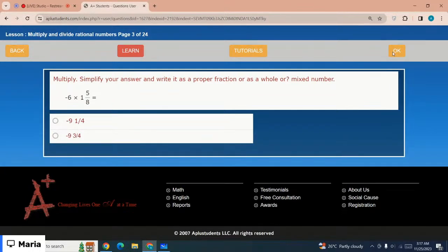Okay, negative 6 times 1 whole 5 over 8. So, which is the correct option?